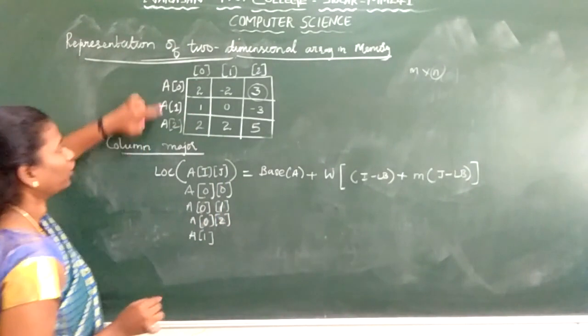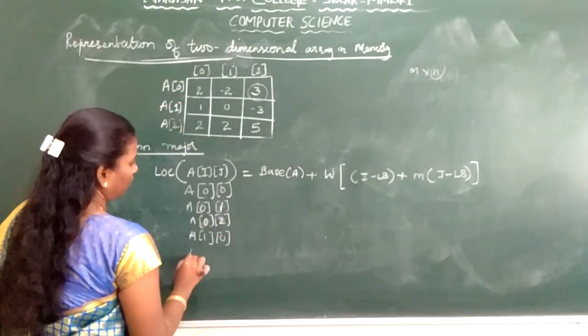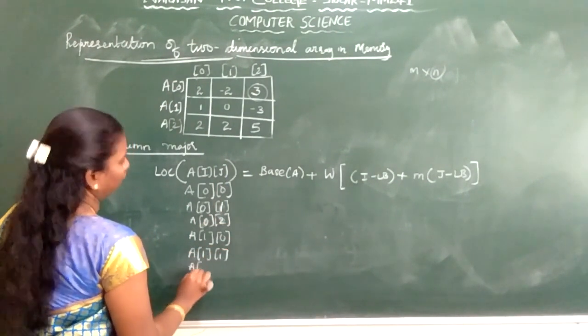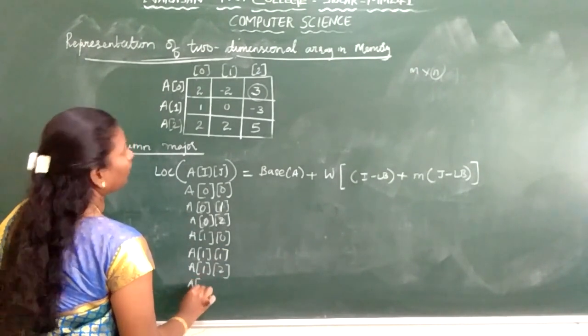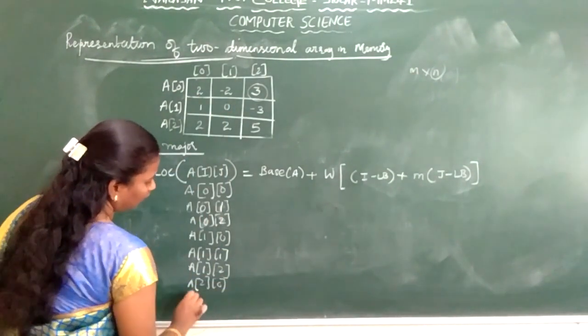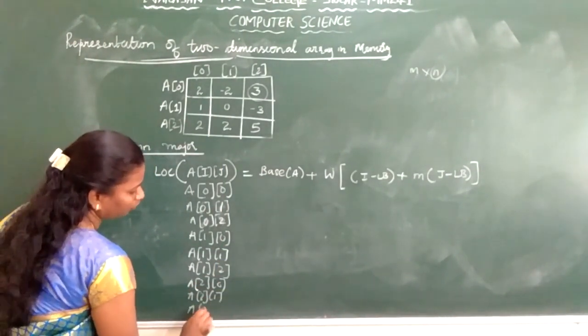Okay, this is for your column major. Next column: A of 0, 2, A of 1, 2, A of 2, 2.